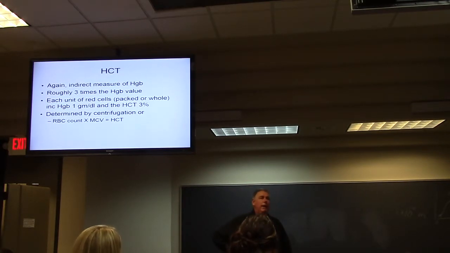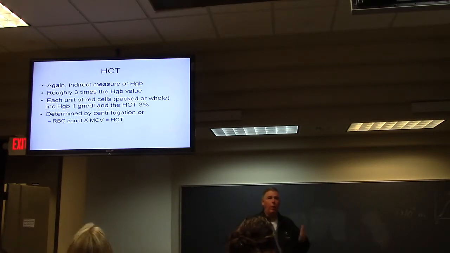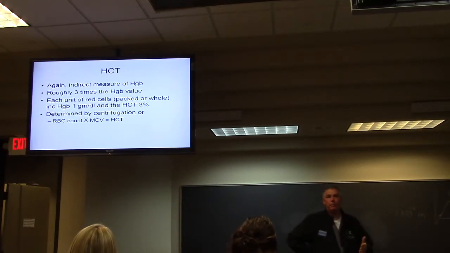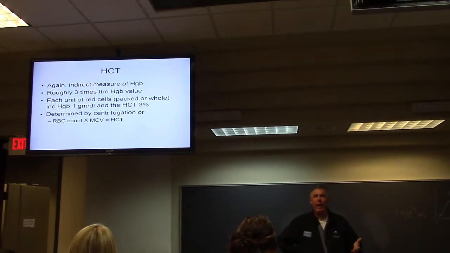You have to appreciate that when you order blood, most of the time you will never order whole blood. It will be a component of blood based on that specific need. For example, if you're bleeding out, you only need packed red cells.